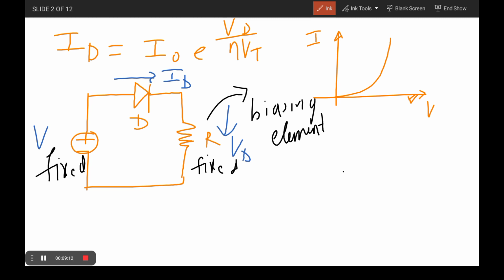Suppose the voltage V is applied to the circuit and the diode is in on condition. It acts as a short circuit, so some current passes through the diode as well as through the resistor, which produces some voltage drop. That is very clear, right?